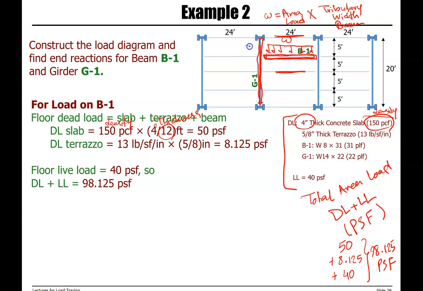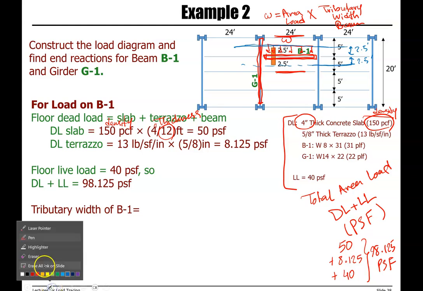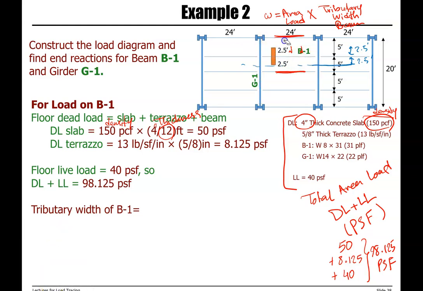So tributary width is half of the distance on the right side plus half of the distance on the left side, which gives us 2.5 feet plus 2.5 feet, a total of 5 feet.